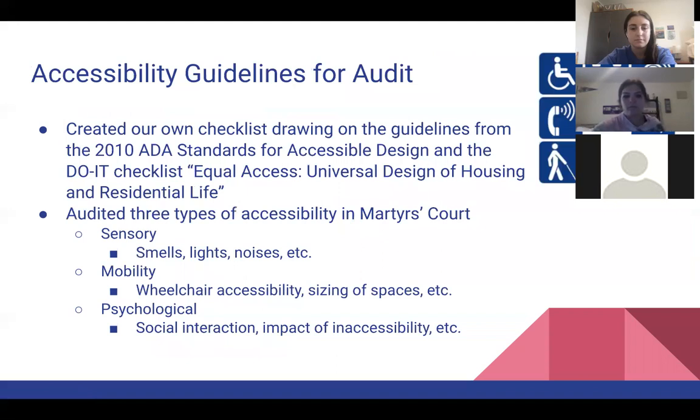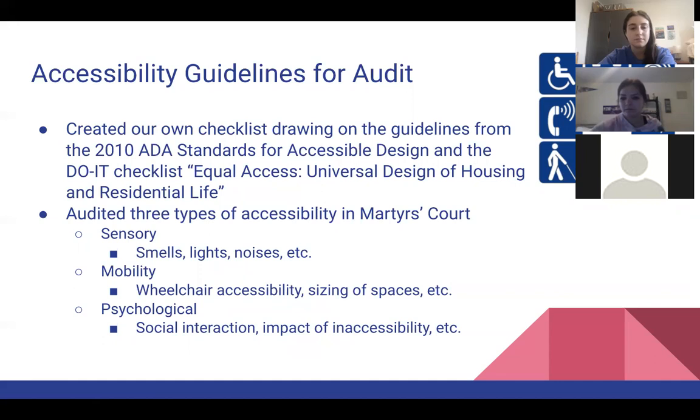And before getting into the actual audit, just a little bit about the guidelines that we used for it. We created our own checklist, drawing on guidelines from the 2010 ADA Standards for Accessible Design. We also drew on guidelines from the DO-IT checklist, Disabilities, Opportunities, Internetworking, and Technology, called Equal Access: Universal Design of Housing and Residential Life.